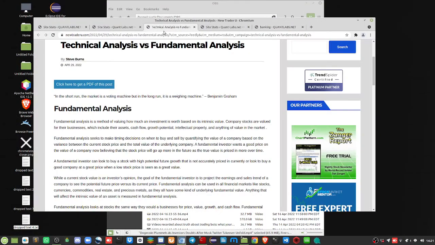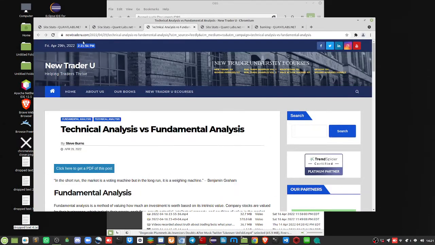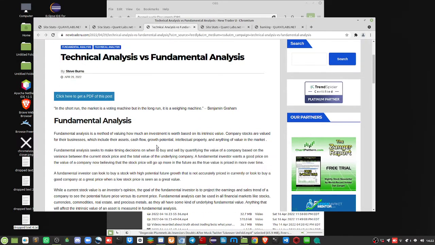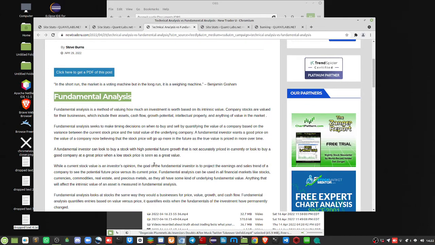So here we are on this website called newtraderu.com, with the article headline, technical analysis versus fundamental analysis, just from a high level. From what I've been looking at, fundamental is basically supply and demand, the things that impact the price of whatever you're trading in the futures and options market.